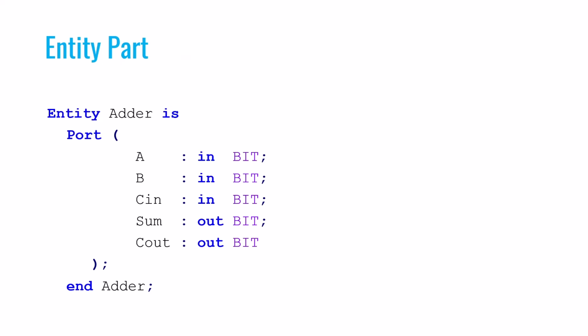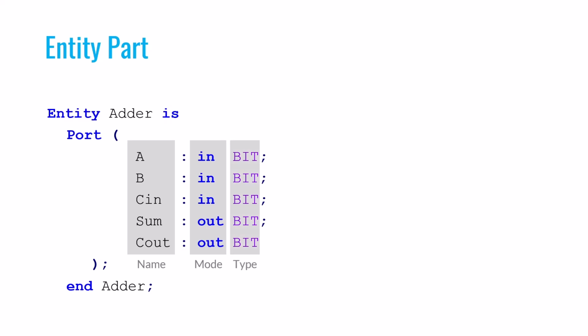For each port, there are three things you need to specify. First, you define the port name, which is listed in the first column. After placing a colon, you specify whether the port is an input, output, or bidirectional. In VHDL terminology, this is referred to as the port mode. Finally, you specify the type of the port.